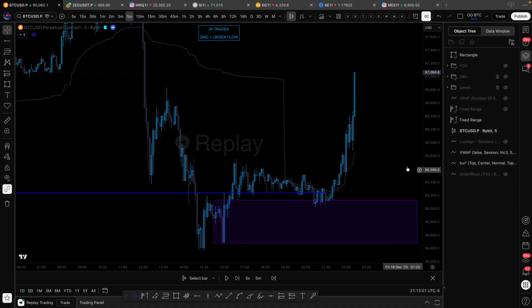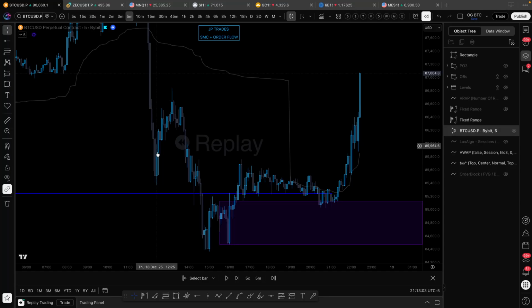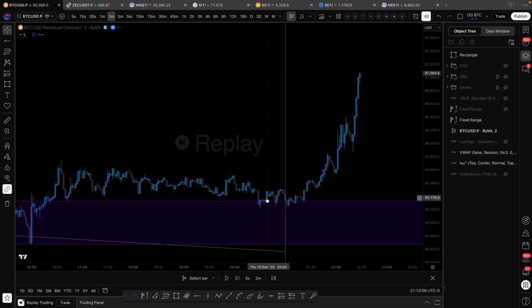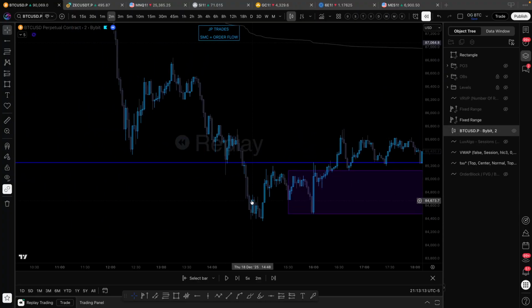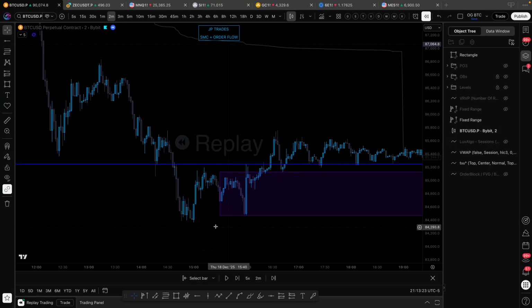You can see here, we had zero structure coming into this area. So even if we go down to, say, a 2-minute time frame, you didn't have any structure down here to break and then retest into this tiny order block here.